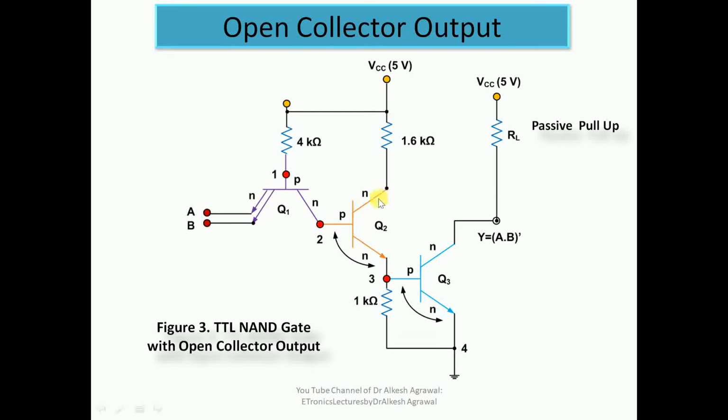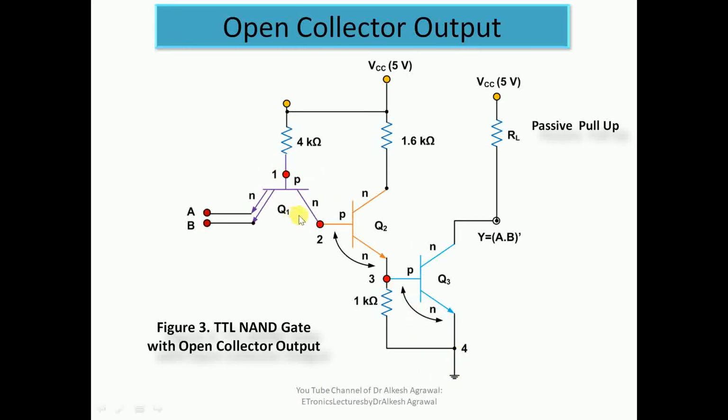Here the collector is connected to the supply in this configuration. The emitter of the second transistor is connected to the base of the third transistor. Again the collector is connected towards the supply, and the emitters of Q2 and Q3 are grounded.